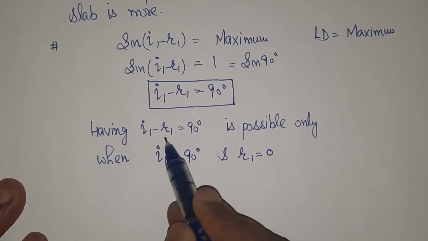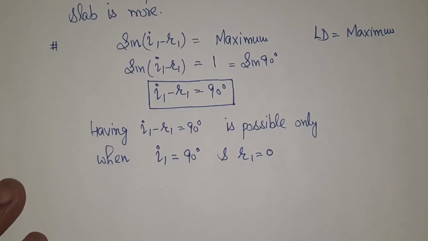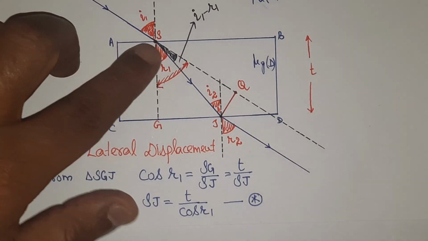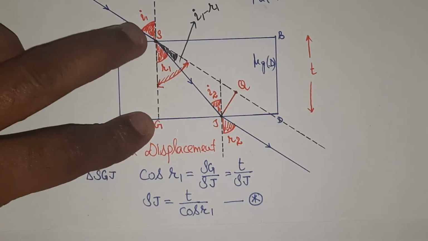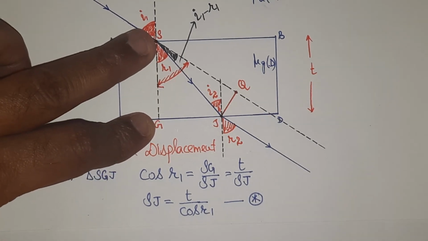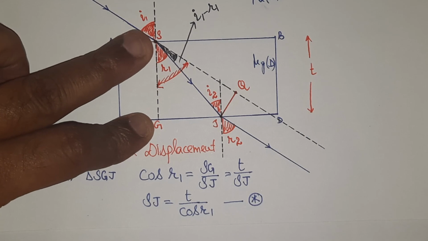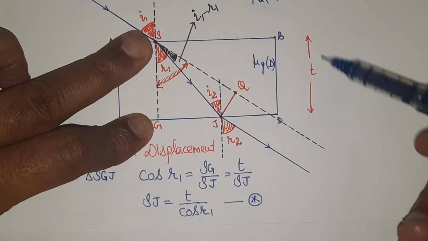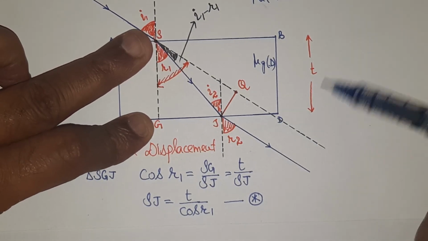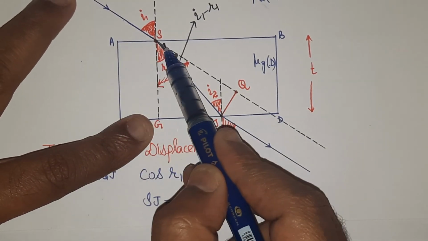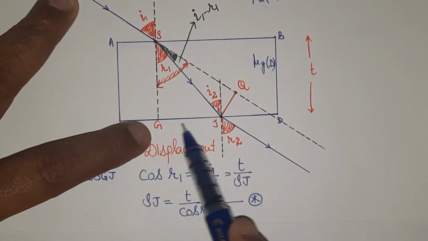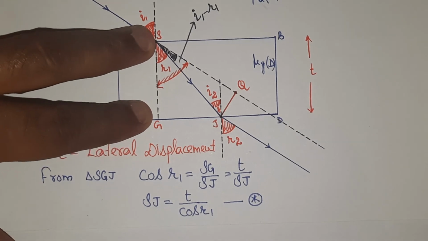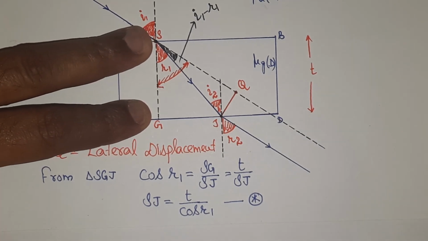At that time I1 minus R1 will be equal to 90 degrees. In that situation you will get the maximum value of lateral displacement, and that will be equal to the thickness of the slab, because the incident ray goes along the face and the refracted ray goes along the normal. In that very situation the lateral displacement will be equal to the thickness of the slab.